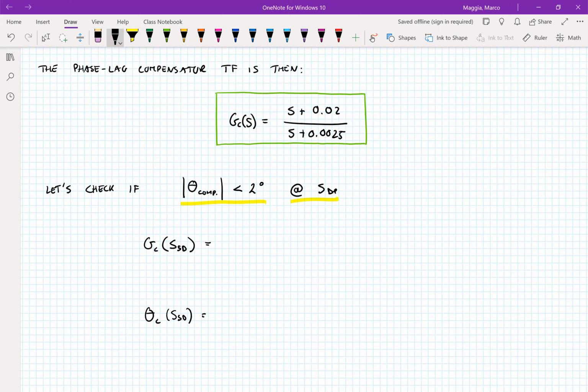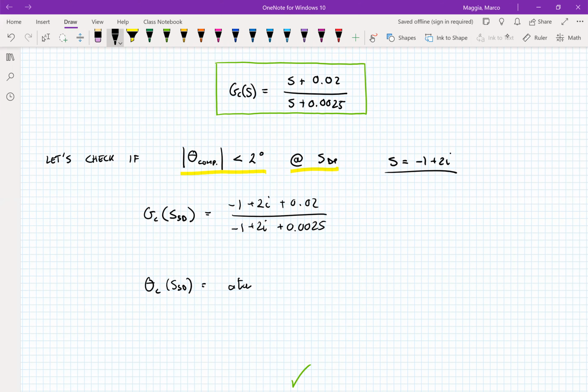If we substitute s equals -1 plus 2i, which was one of the locations of the dominant pole, we have that the transfer function of the lag compensator is (-1 plus 2i plus 0.02) over (-1 plus 2i plus 0.0025). And so the angle is going to be arctangent of 2 over -0.98 minus arctangent of 2 over -0.9975.